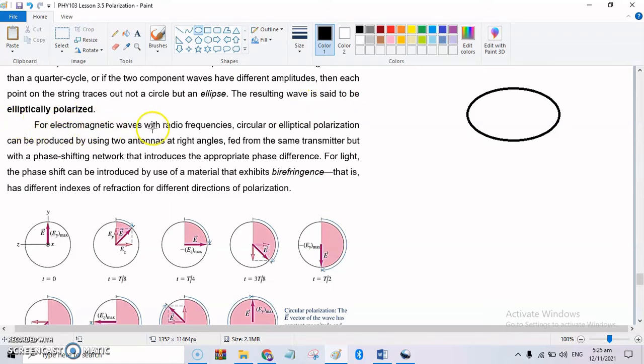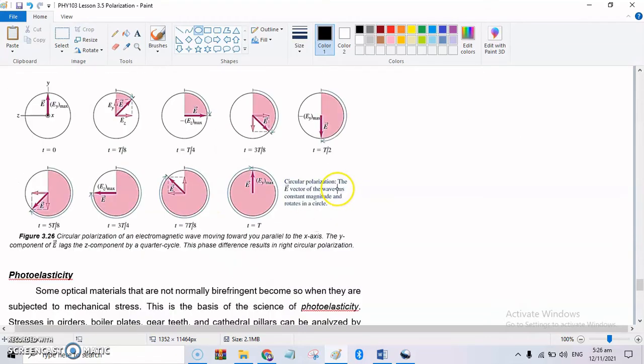For electromagnetic waves with radio frequencies, circular or elliptical polarization can be produced by using two antennas at right angles, fed from the same transmitter but with a phase shifting network that introduces the appropriate phase difference. And for light, the phase shift can be introduced by use of a material that exhibits birefringence, that is, has different indexes of refraction for different directions of polarization.